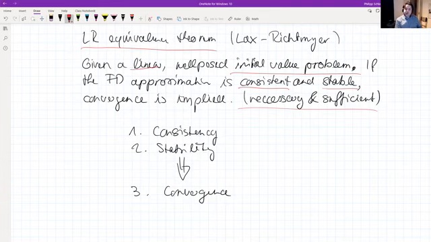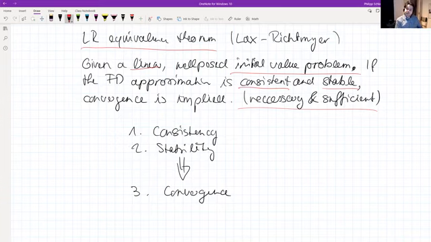There are other ways of showing stability and all of that for also more complex situations, but for the purpose of this introduction, the LR equivalence theorem is typically sufficient.